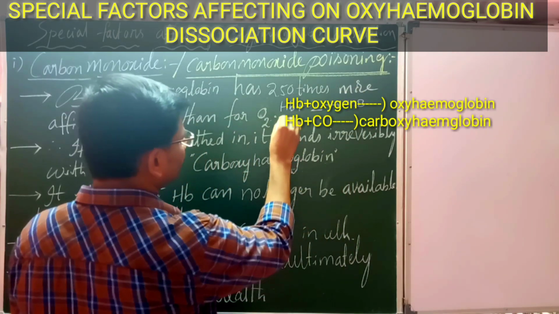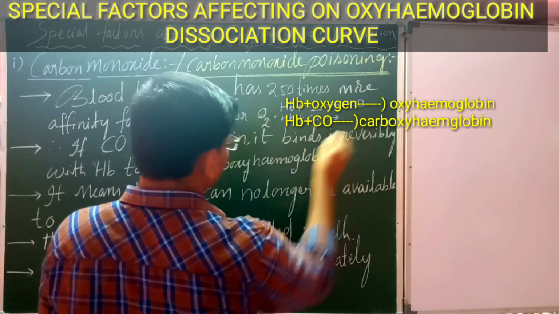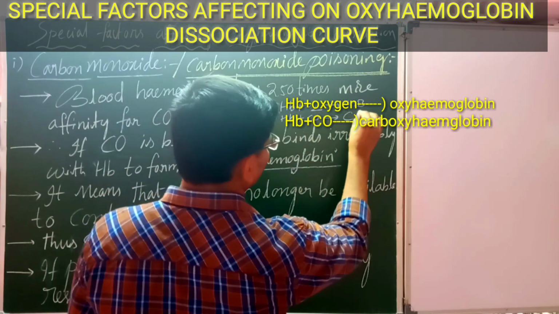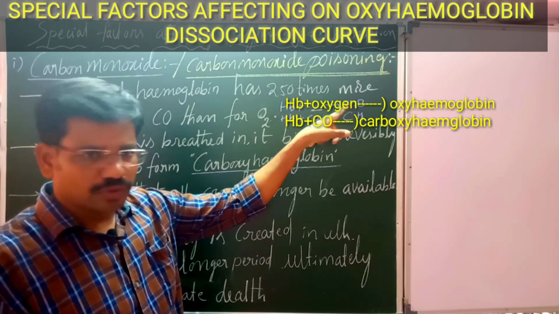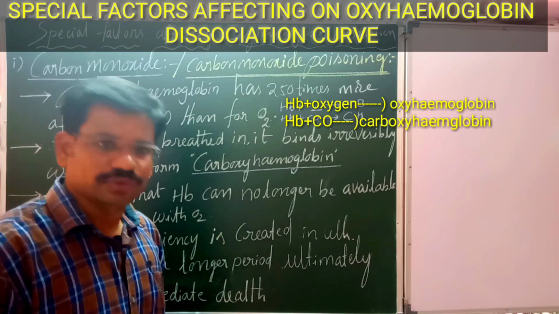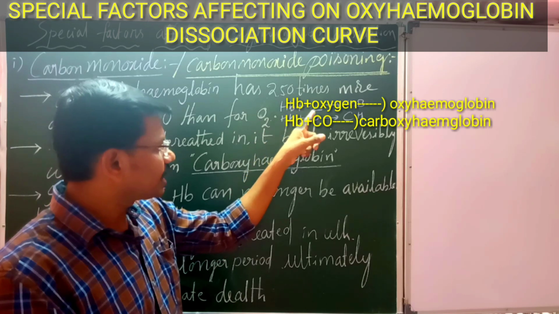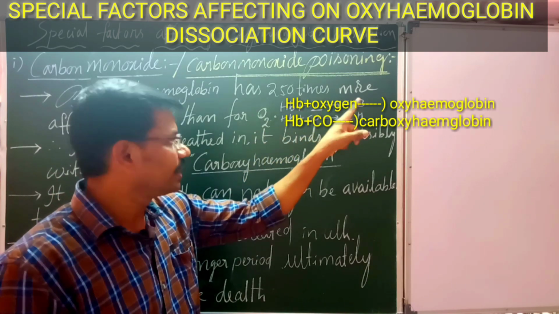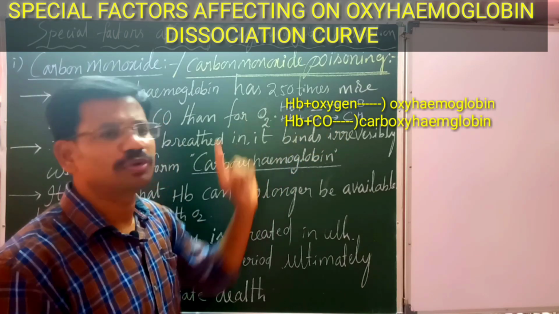At the same time, hemoglobin reacts with carbon monoxide to form carboxyhemoglobin, right? The oxyhemoglobin reaction is reversible. What do we mean? Hemoglobin reacts with oxygen to form oxyhemoglobin, and again this oxyhemoglobin will be dissociated into oxygen and hemoglobin.